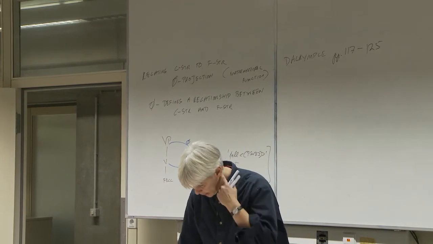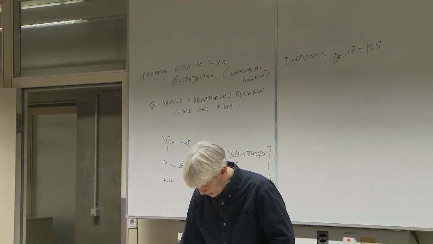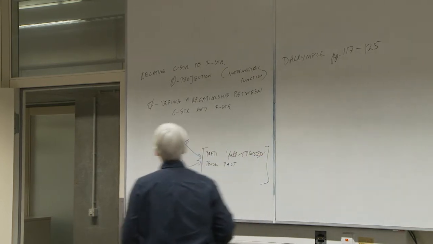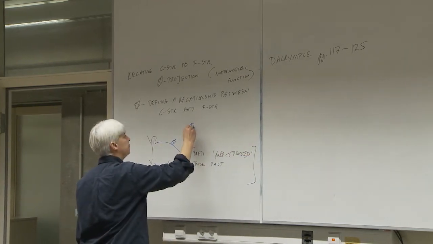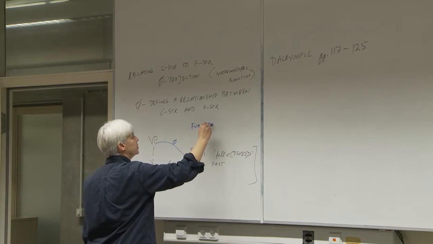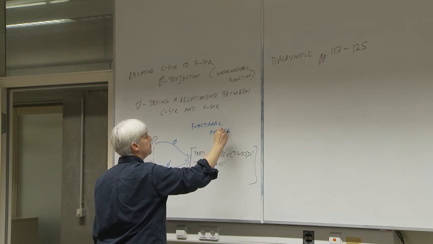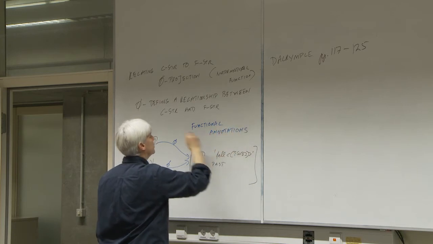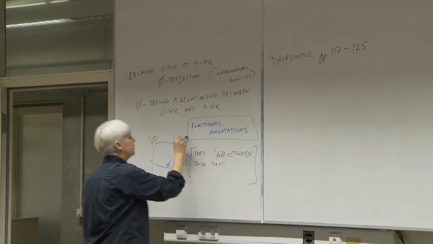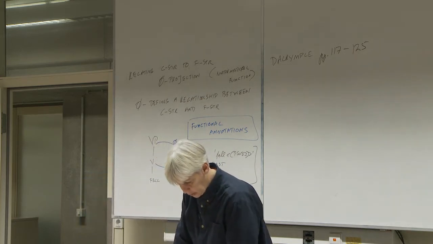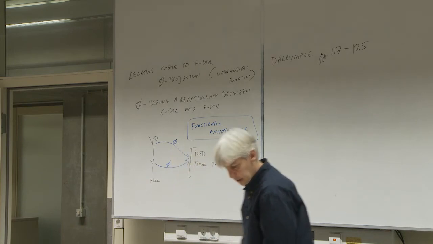So how does this do it exactly? Well, the glue in between is the functional annotations. Remember we had those before? And then there is a way of solving these functional annotations.